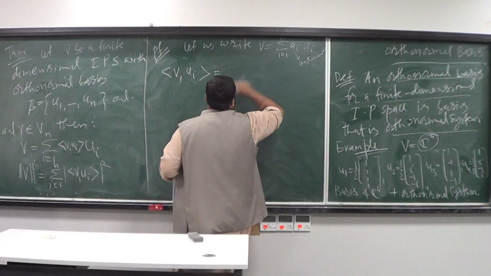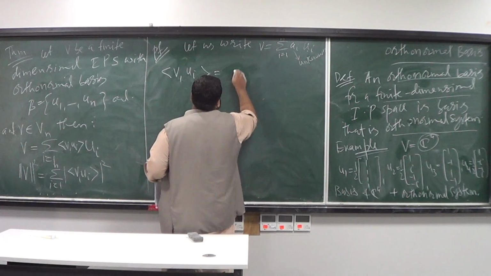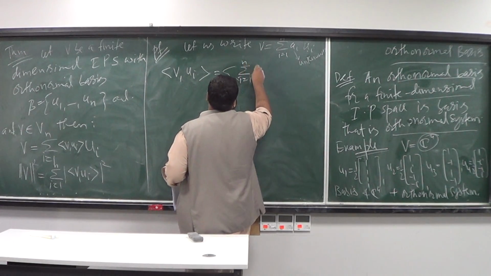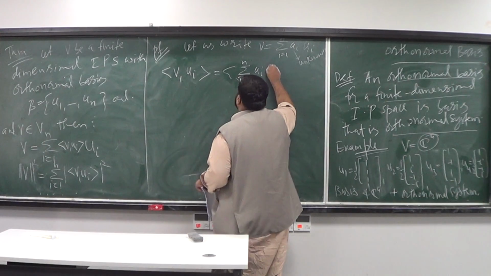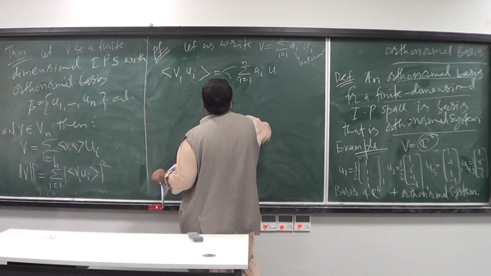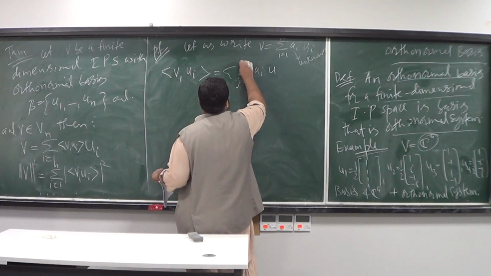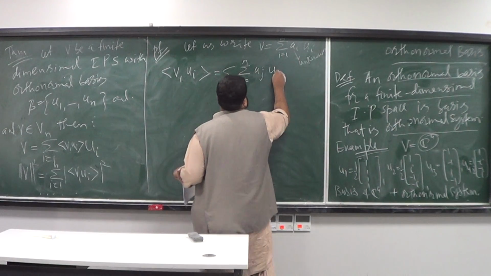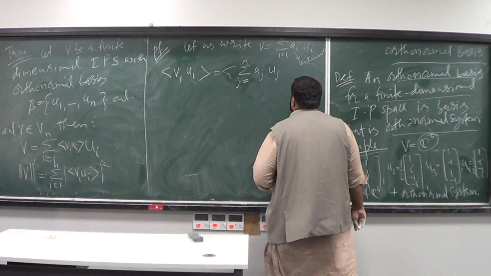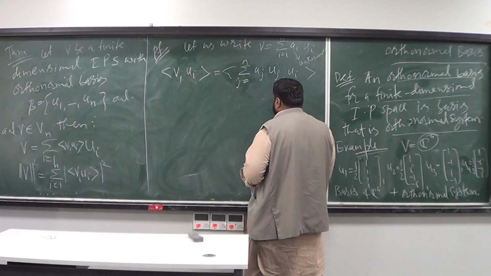I know that v is this sum, so we have the sum from j equals 1 to n of a_j u_j. Maybe I must write a different index here, j, because we have already used i. Then we take the inner product with u_i.